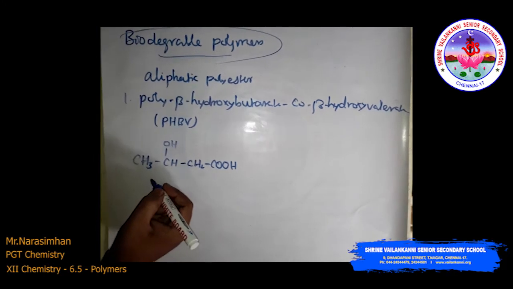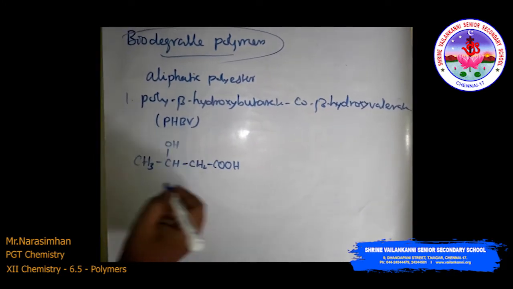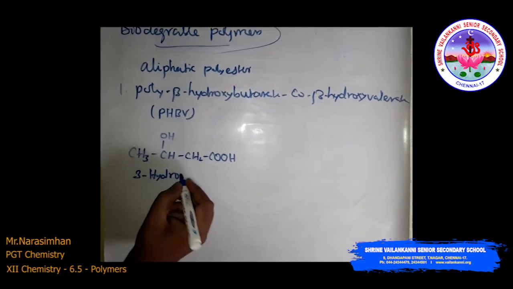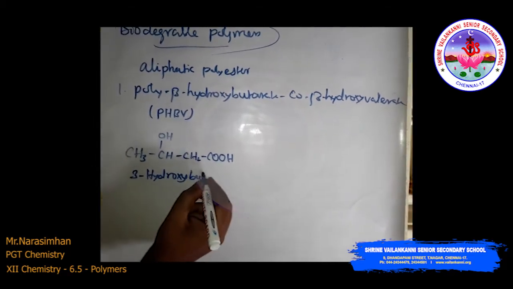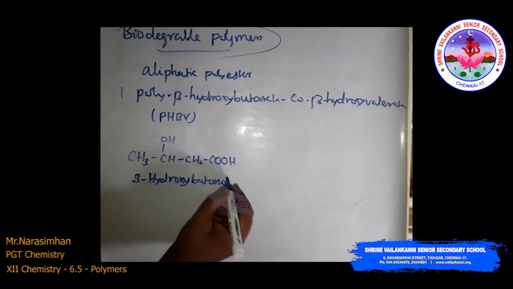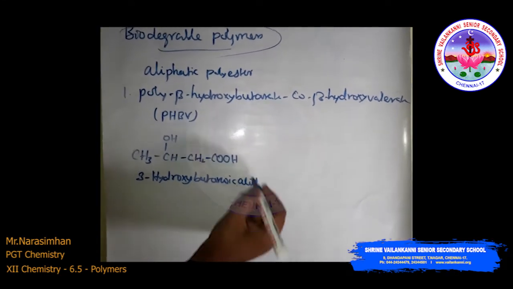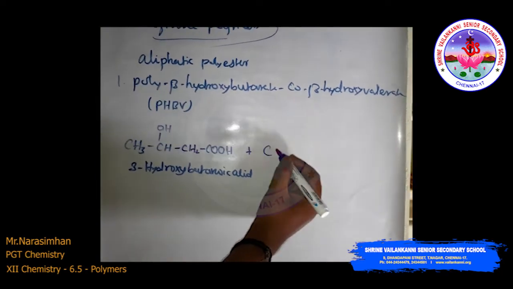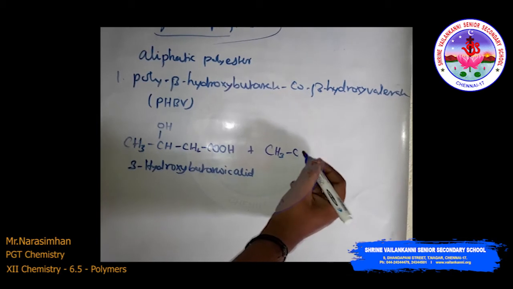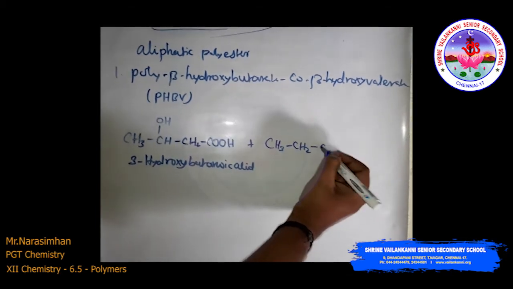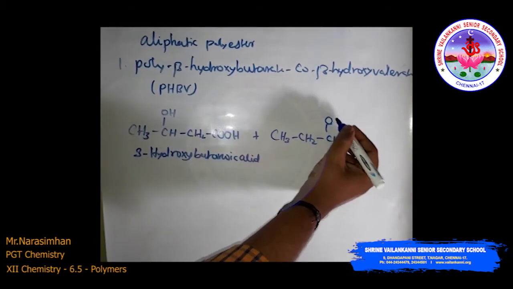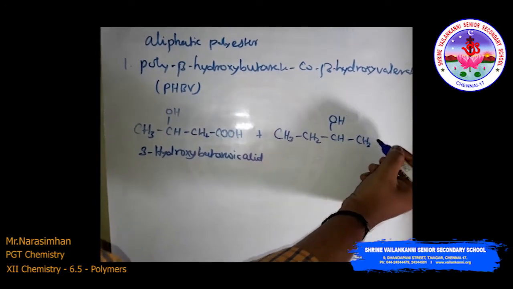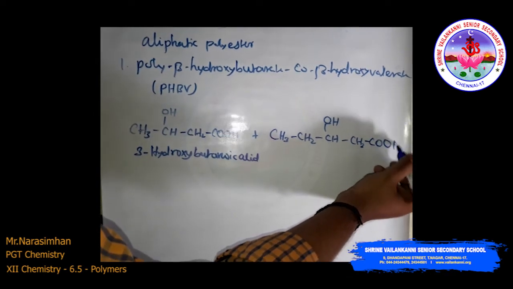This is 3-hydroxybutanoic acid, and it reacts with 3-hydroxypentanoic acid: CH3 CH2 CHOH CH2 COOH.